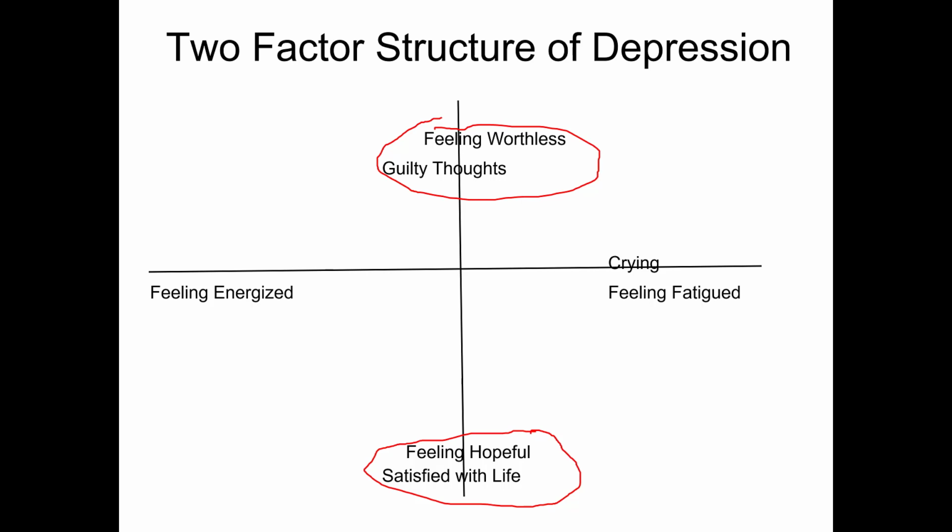On the other axis, we've got more physiological components: the negative components, and then the more positive ones, feeling energized, and at the opposite end, feeling fatigued. So this might be a better structure for this fake depression measure. We have to figure out how many factors there are for these items.